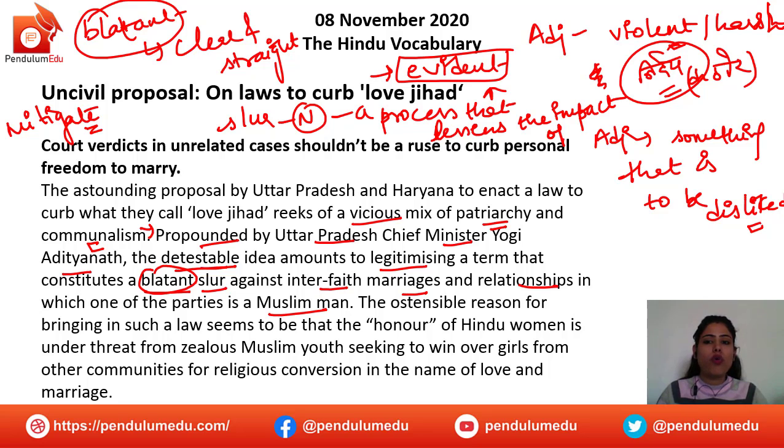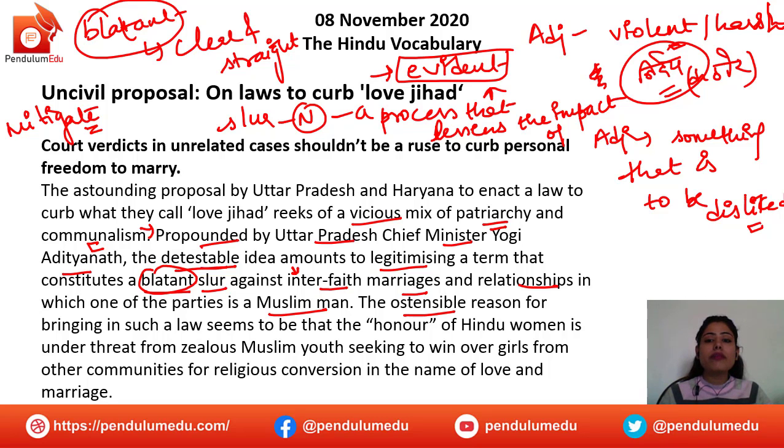So here, if this idea being shared by the minister is legitimized, what would it constitute? It would constitute a process that would definitely minimize or mitigate the impact of other things around. They are worried that if we talk about interfaith or intercaste marriages, will they not be allowed? So people are worried about that also. So that's a blatant slur that people have.